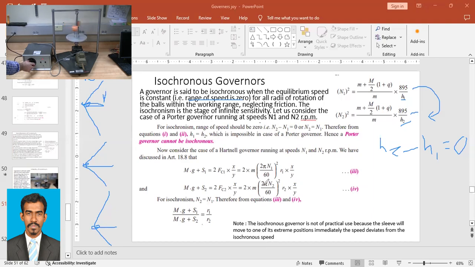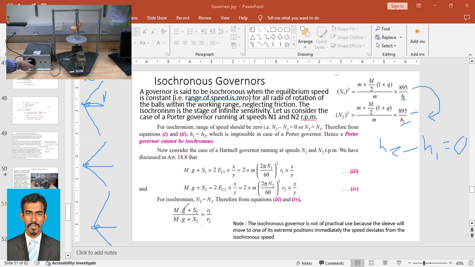Now we will try to equate these terms. For isochronism, what is the condition? N2 should be equal to N1, or in other words, N2 minus N1 is equal to 0. So if N1 and N2 are to be equal, we can equate it.